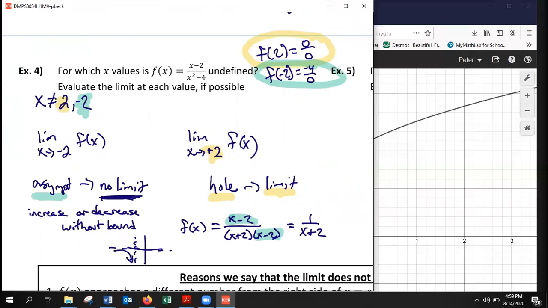We know it from pre-calculus. And we can see the increasing and decreasing without bound based off of the vertical asymptote. Now, we do have a hole here as well. And that hole comes from the limit. In this case, the limit ends up being 1/4. I don't think I wrote that down on the set of notes, but this ends up being 1/4. And we can see that right here, the limit as x approaches 2 of f of x ends up being 1 over 2 plus 2, or 1/4.